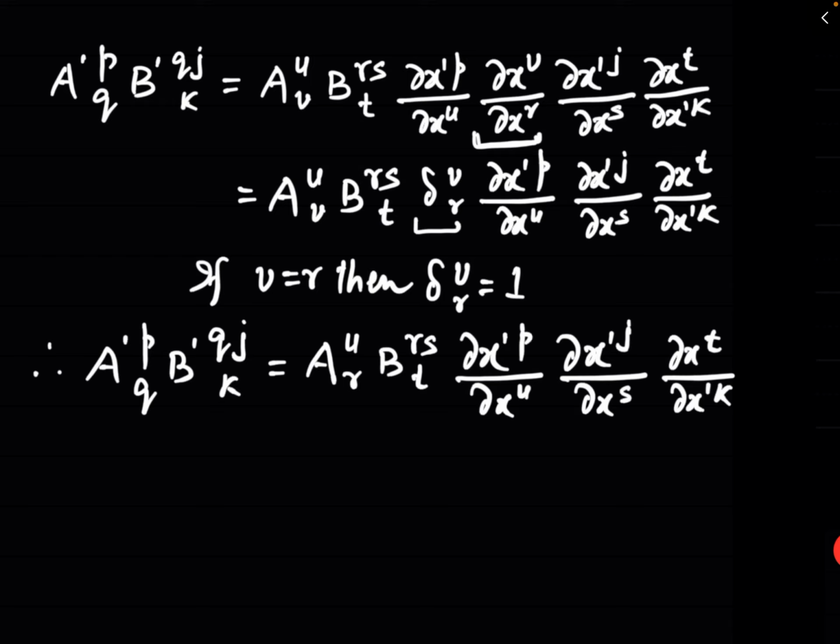Now you can see this equation is simply the transformation law for a mixed tensor of rank 3, because here you can see there are 3 partial derivative factors. And that's why you say that this tensor, A P Q B Q J K, is actually a mixed tensor of rank 3.